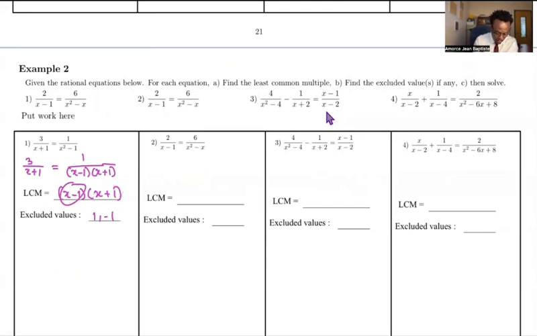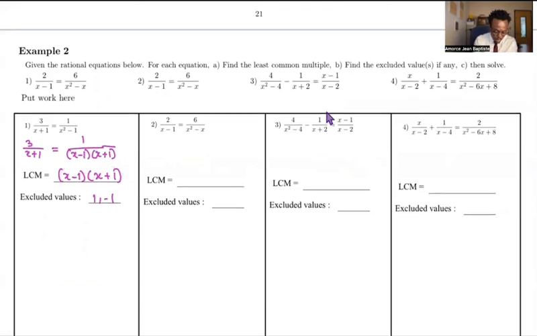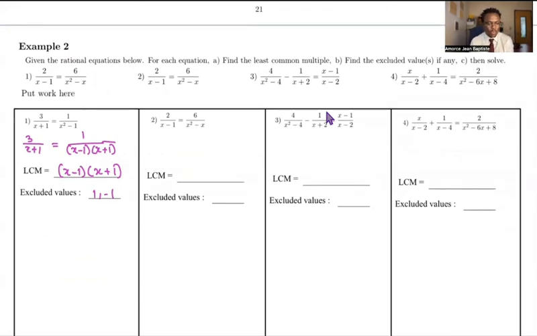Now we want to write the equation with the common denominator. The common denominator will be the LCD, or LCM. So it's going to be x minus 1 times x plus 1, which is the same as x squared minus 1.